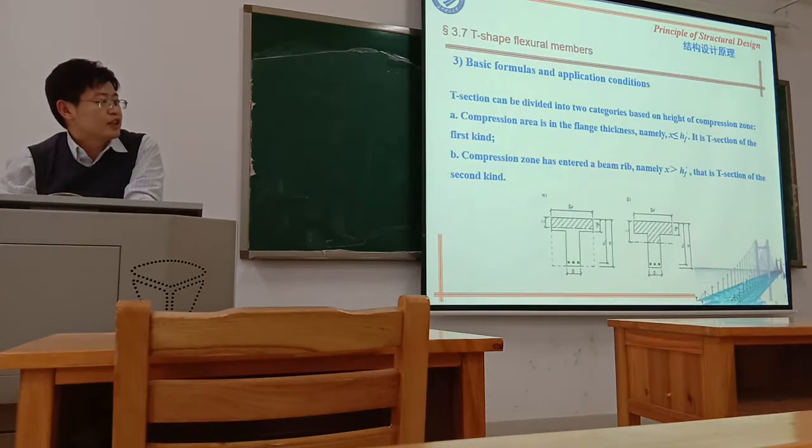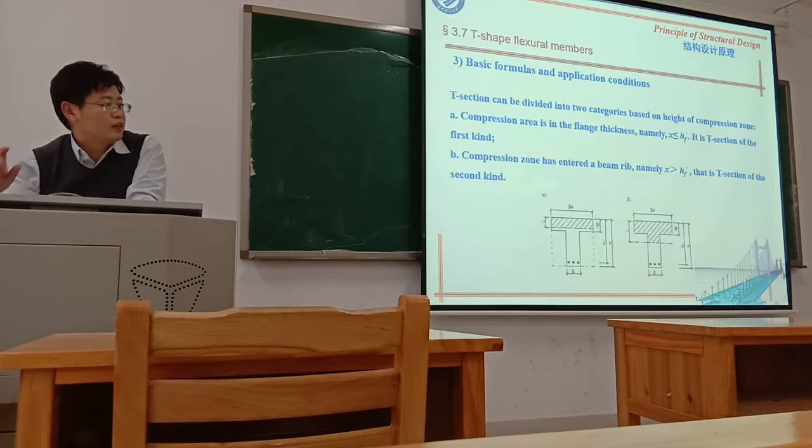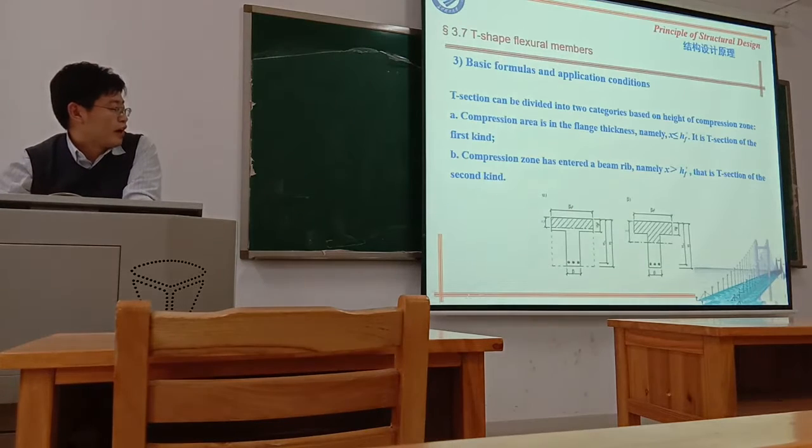Whether it's a T-shape or not is based on the compression area. If the compression area is only in the flange, we define this as type 1, because it works just like a rectangular shape.